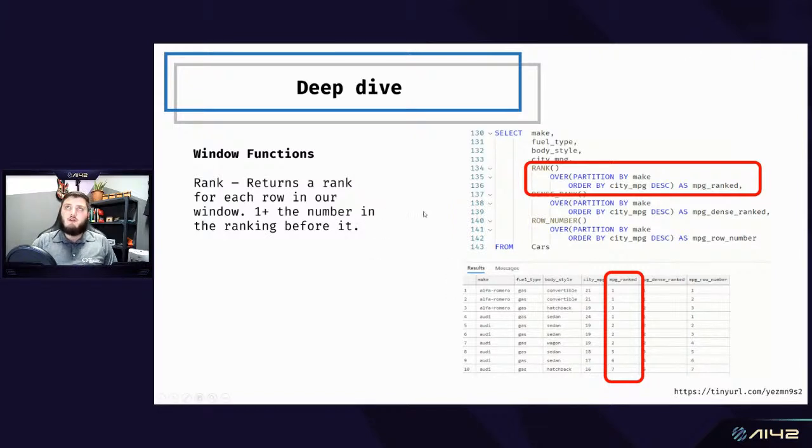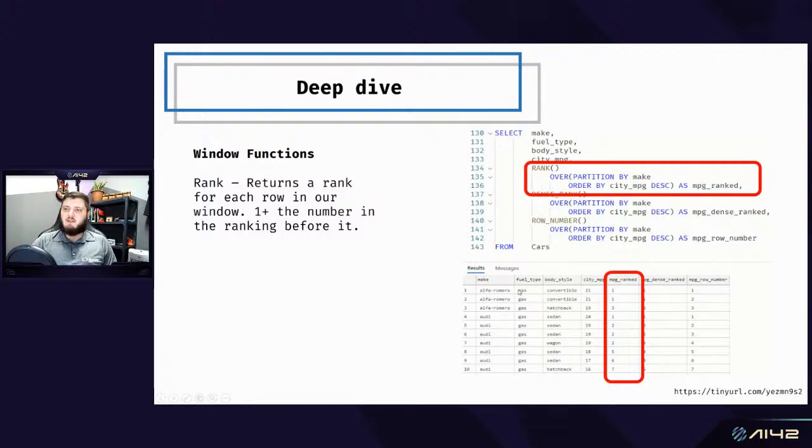If you look at our example query here, I've asked SQL to give me a rank over a partition by, so I'm creating a window over the make. I'm telling it, just look at the Alfa Romeo and rank them ordered by the city miles per gallon descending.